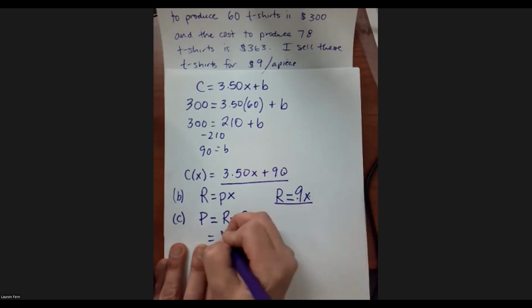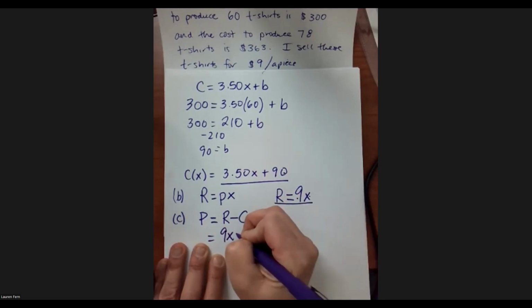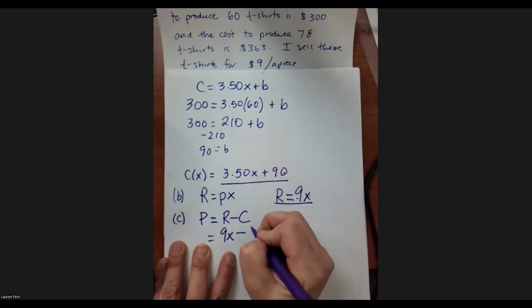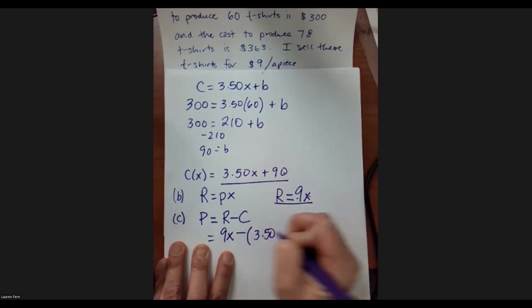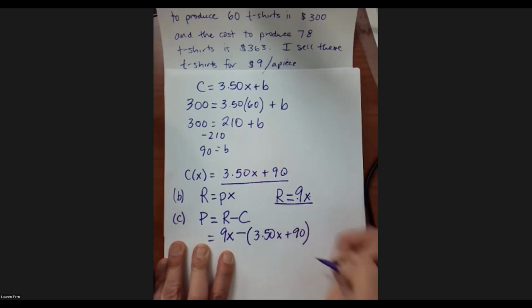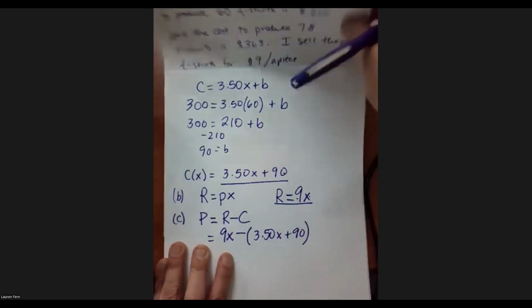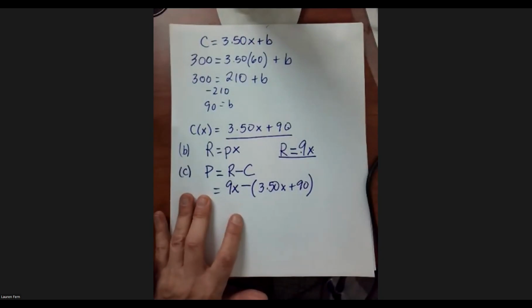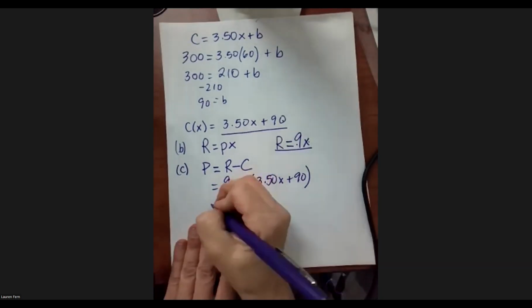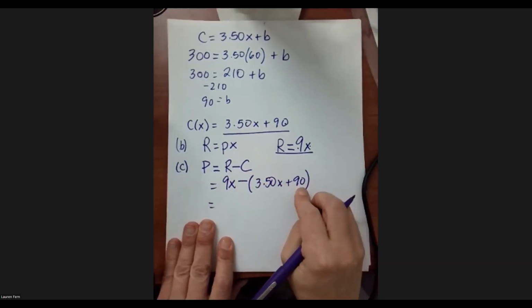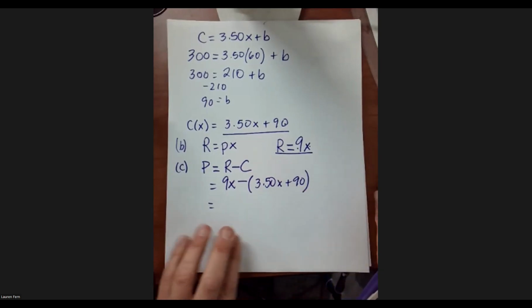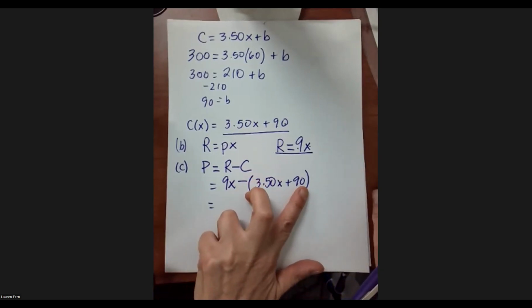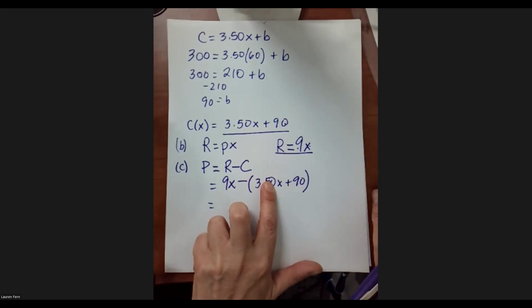Well, my revenue function is 9x. My cost function, don't forget your parentheses, is 3.5x plus 90. And again, we need these parentheses because I need to distribute my negative sign throughout. Again, I'm subtracting my entire cost function, not just the first term.